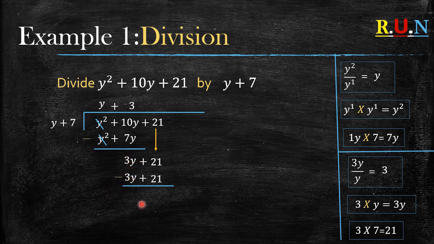Just make sure that each time, the terms are like terms, and the first terms should always cancel out. For example, when we started here, these two cancelled out. And as we can see here, 3y minus 3y is again going to cancel out when we subtract. If your terms fail to cancel out at the beginning, it means you made a mistake.